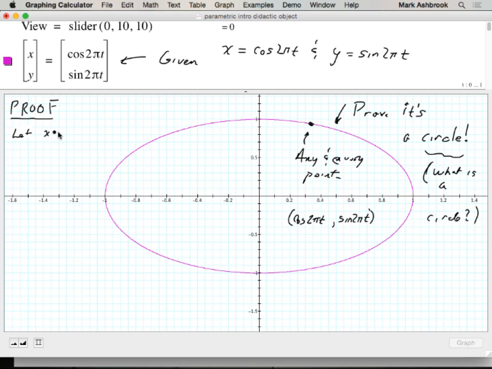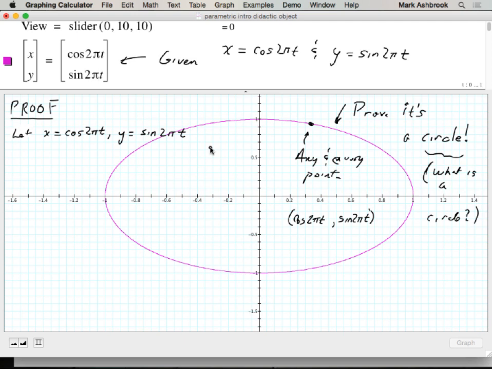What's the point of that? Why? No, but before even that, you're just stating you got x equals cosine 2 pi t, y equals sine 2 pi t. So what are those?